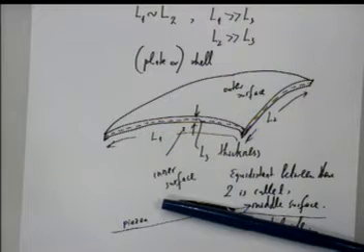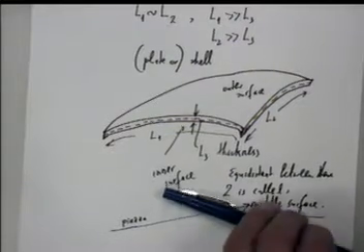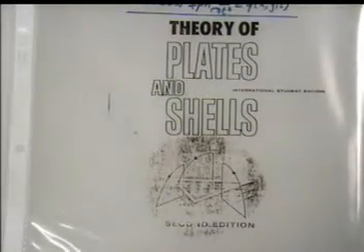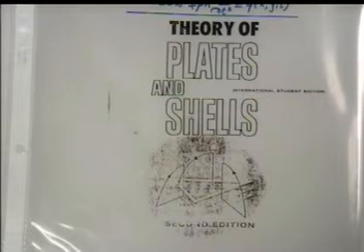We are talking about the theory of plates and shells now, as I said. There is a classical book on this topic, and this book is The Theory of Plates and Shells.